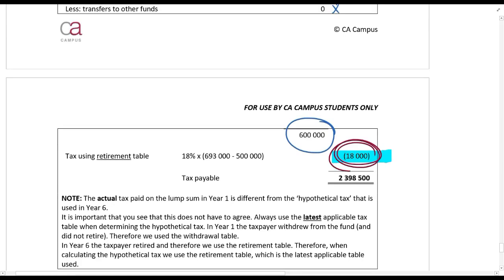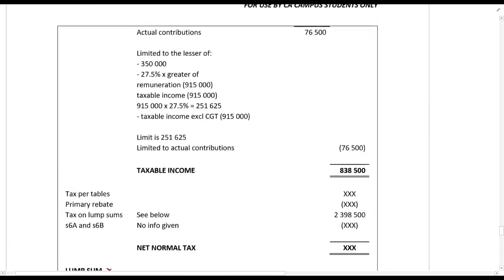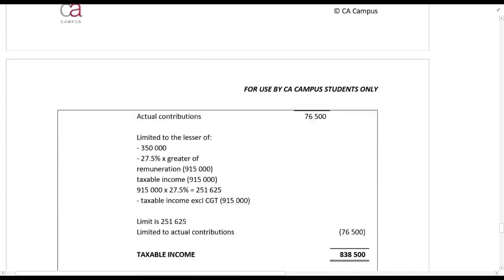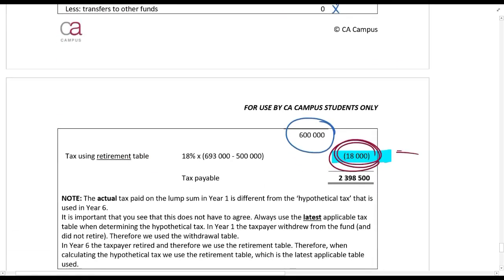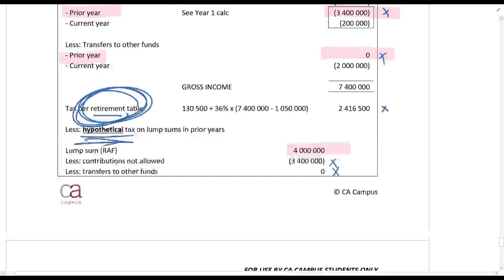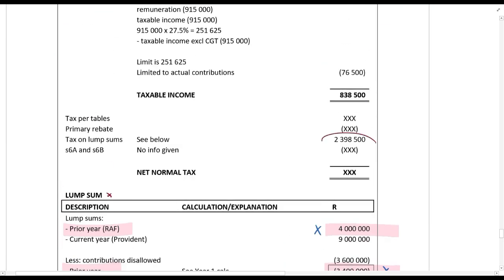This 18,000 rands in year 6, if I go back to year number 1, the actual tax I calculated in year 1 was 103,500. But now I'm only getting a deduction of 18,000. Why? Because we use different tax tables, and you must use the most recent tax table, which is what you can see there. Right, so that 239,500, where does it go? It goes to my normal tax, as before. And that is pretty much how the lump sums work.